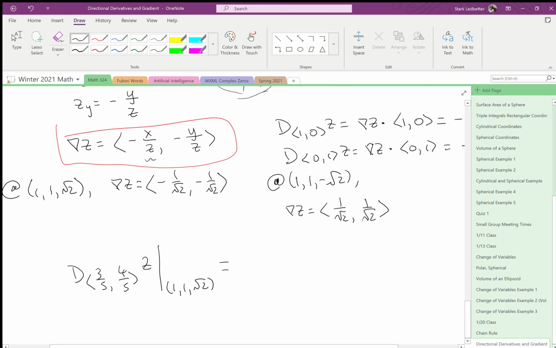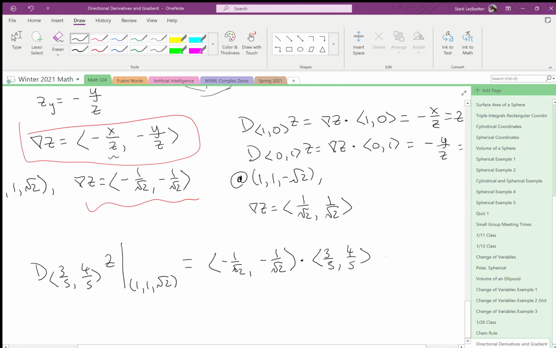Okay, so actually I can use this pre-evaluated del of z at 1 comma 1 comma root 2, so negative 1 over root 2 comma negative 1 over root 2 dotted with 3/5 comma 4/5. And I'm just going to get a total of negative 7/5, and there's a root 2 in the bottom.